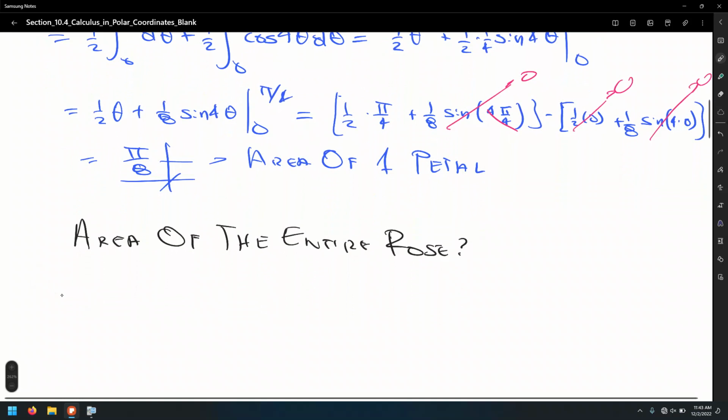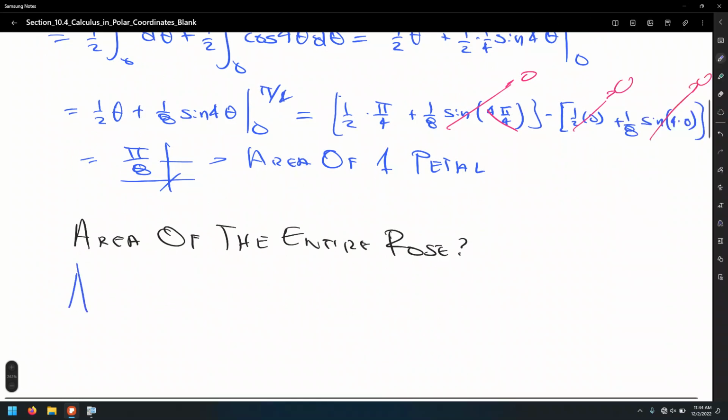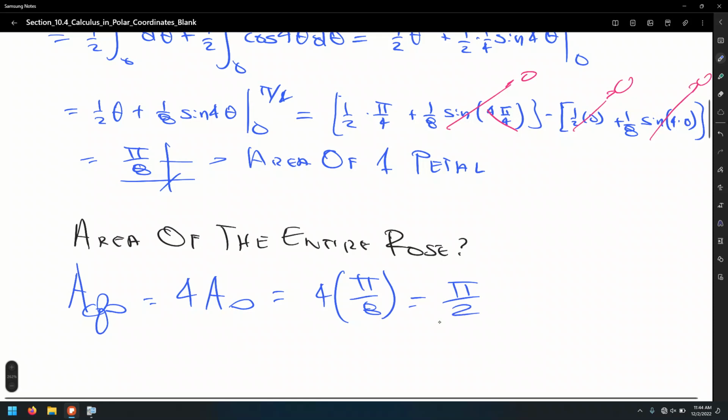So the area of the entire flower will be equal to 4 times the area of one loop. In this case, 4 times pi over 8, which is pi over 2. Sound good?